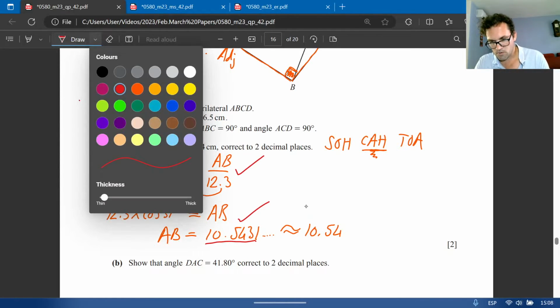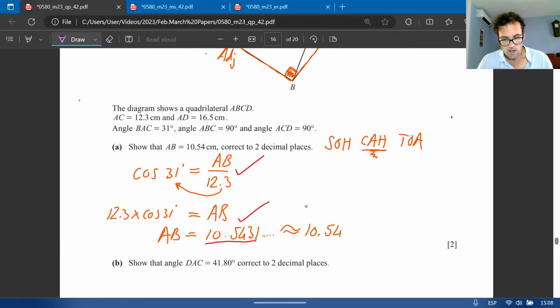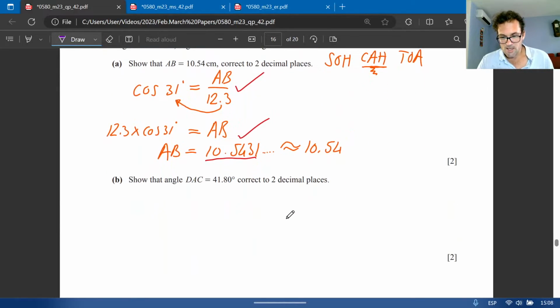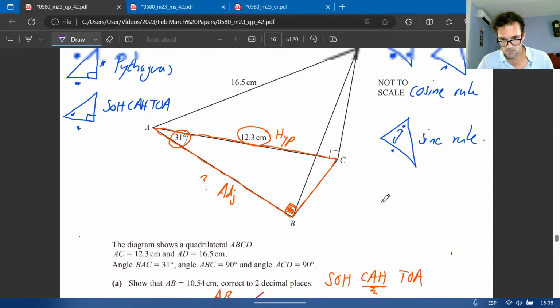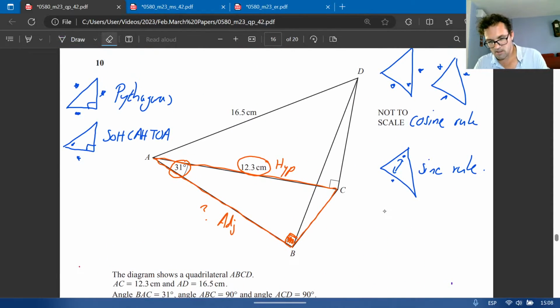Right, let's jump to this funny color. Show that the angle DAC is 41.80 correct to 2 decimal places. Alright, so angle DAC. Let's clear the clutter. So we're not talking about this angle here.